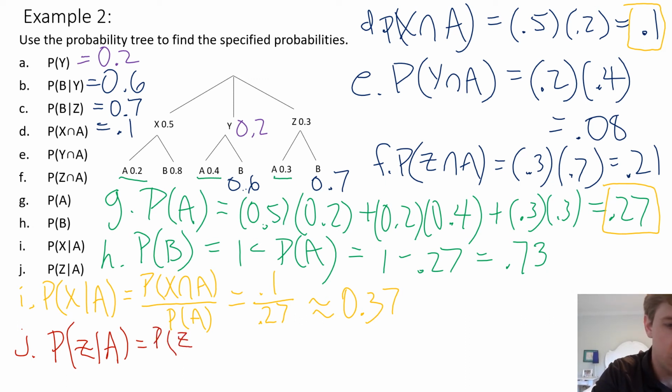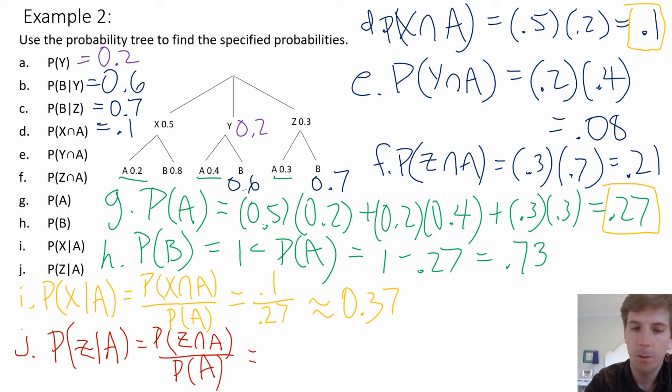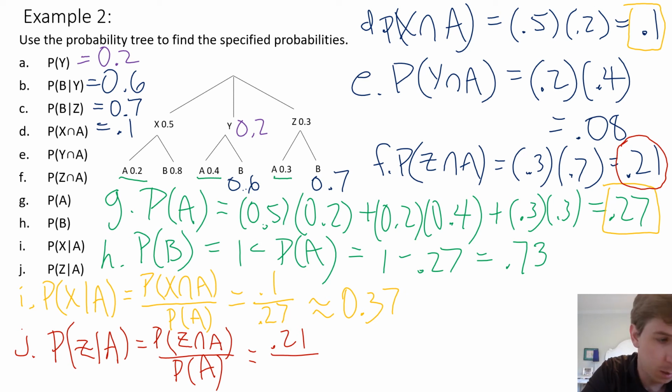So the numerator will be Z and A divided by the probability of A. So luckily, we already found Z and A over here in part F, 0.21. The probability of A has not changed. It is going to be, did I screw something up here?